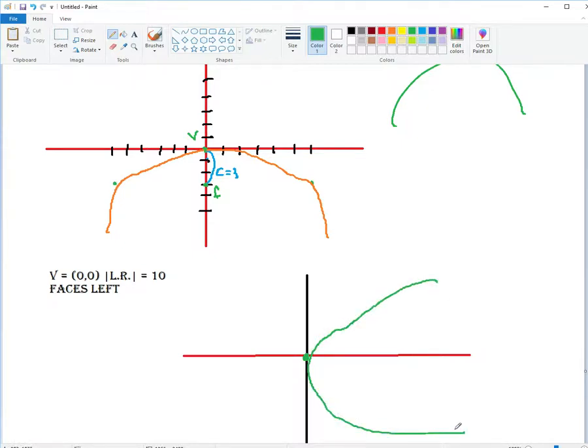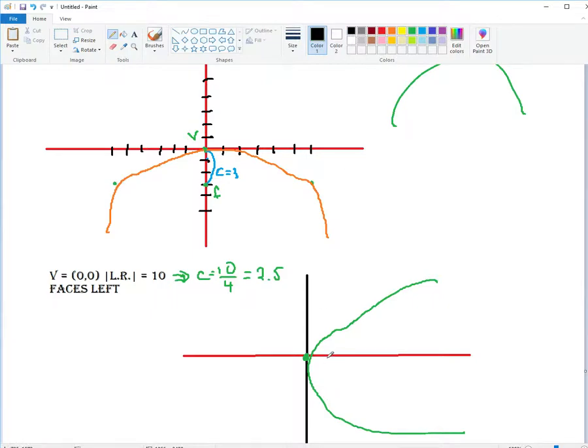I know the latus rectum is 10, which means my C value is 10 divided by 4, right? Because 4C is your latus rectum length. Then I know that C is equal to 2.5.